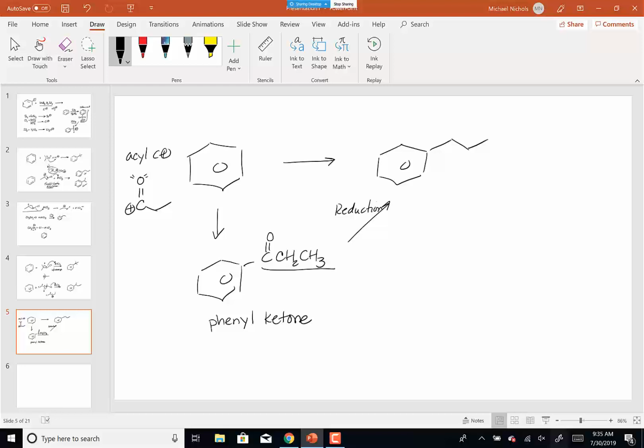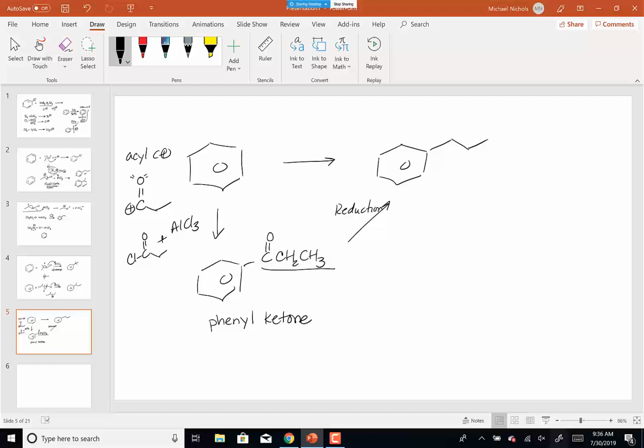But how would I make that carbocation? I'm going to use a Friedel-Crafts method. So what did I do with Friedel-Crafts? I used aluminum trichloride to pull off a chlorine to make the carbocation. So now I just have to put a chlorine on the carbonyl.